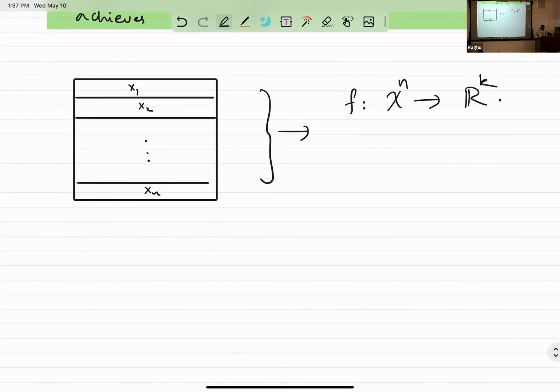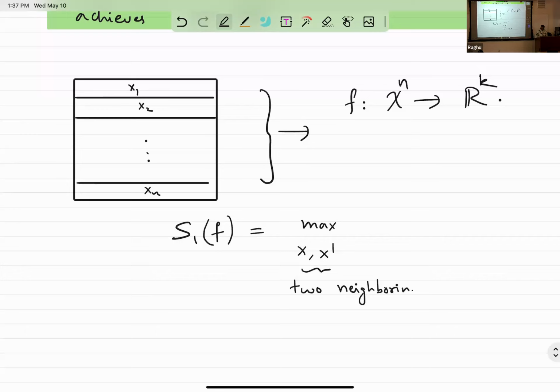And you can still define sensitivity. Take any two neighboring databases. How much do the answers differ for two neighboring databases?